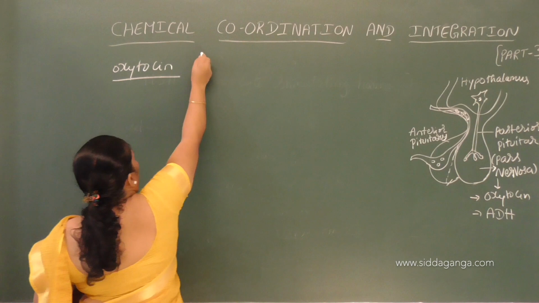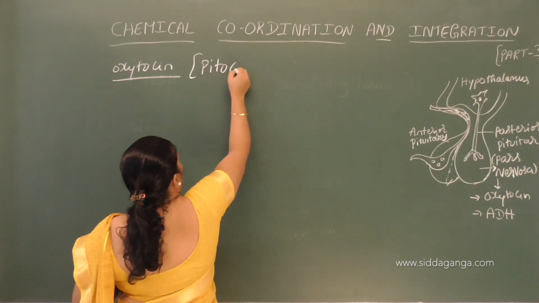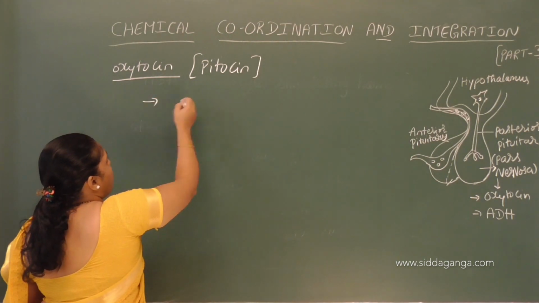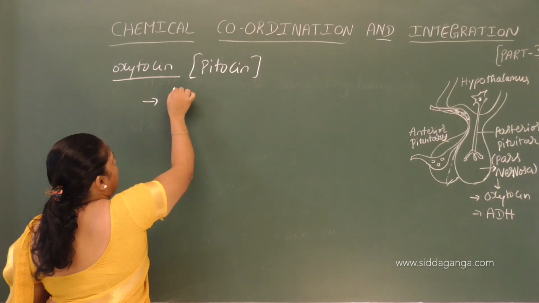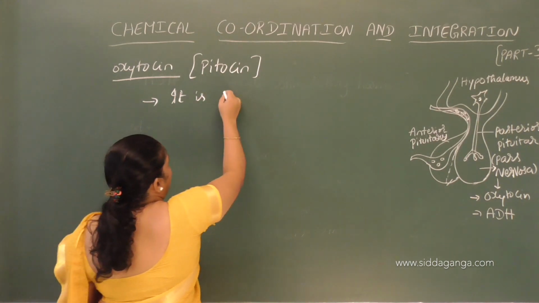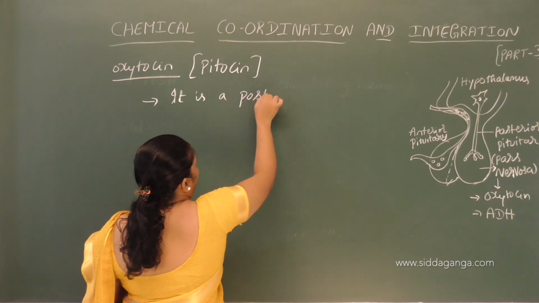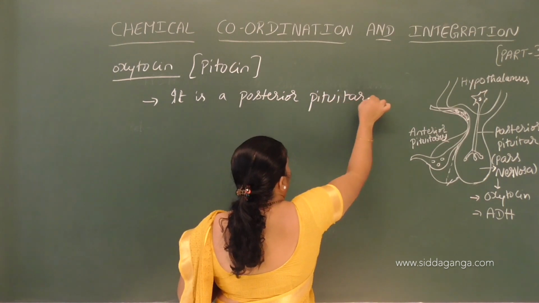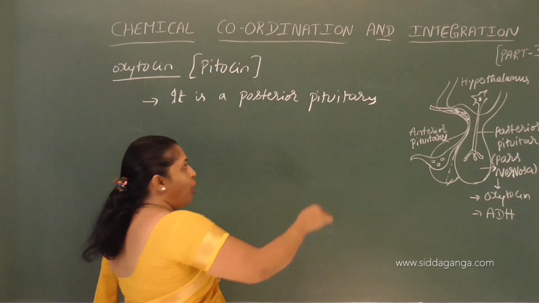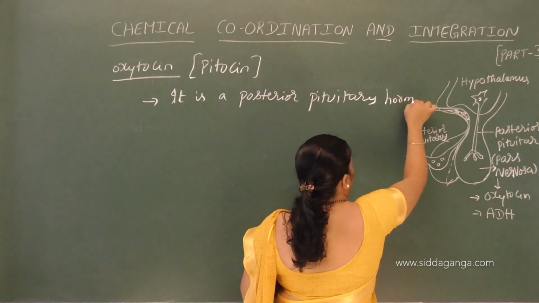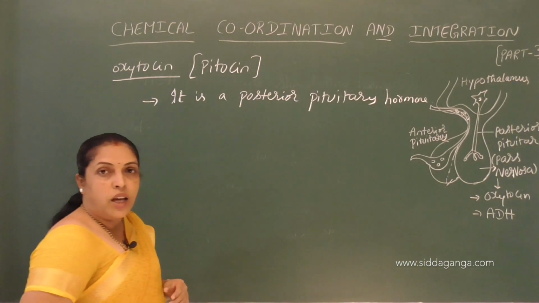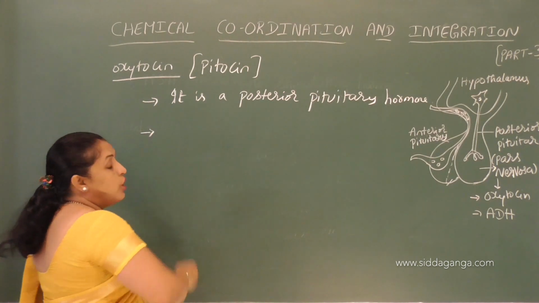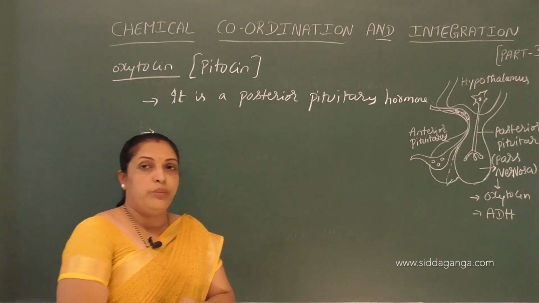It is a posterior pituitary hormone, produced by the posterior pituitary gland, and it mainly acts on smooth muscles of our body.